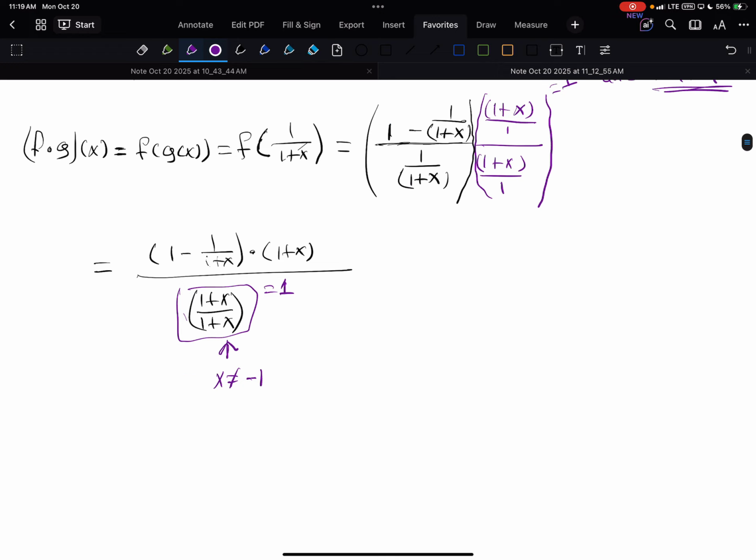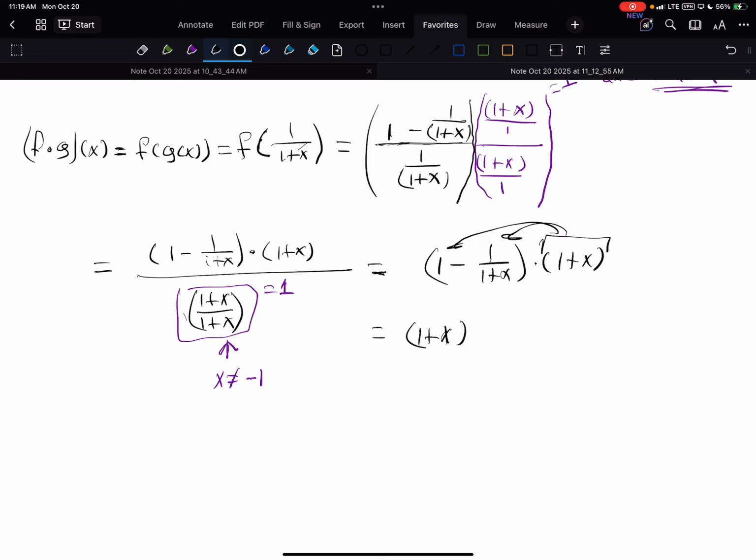Okay, let's keep going here. I have 1 minus 1 over 1 plus x times 1 plus x. Well, now I'm going to take that number and distribute it through the parentheses. That's going to be 1 plus x times 1, but I'm not going to write it. And then minus 1 plus x divided by 1 plus x.